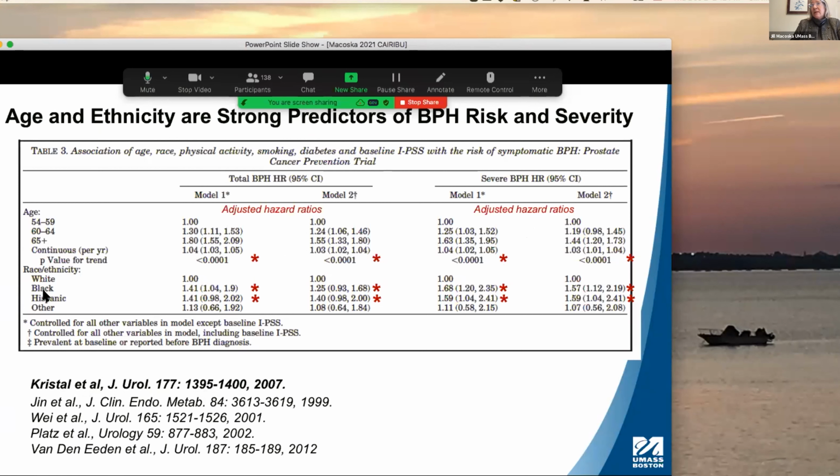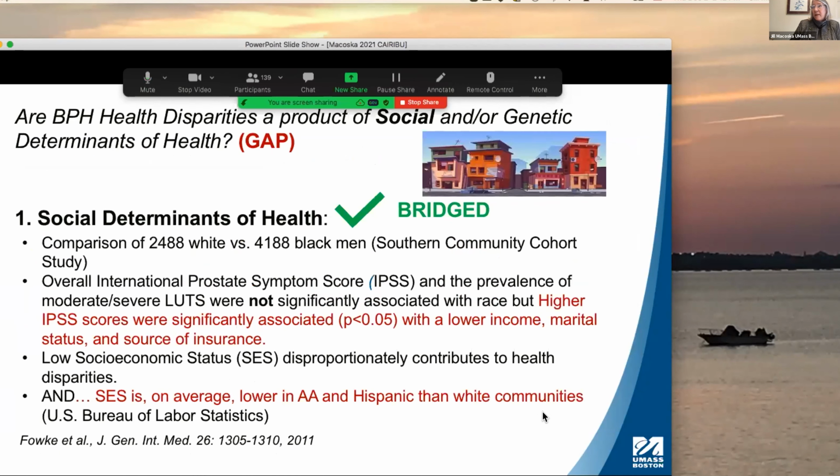When we look at race ethnicity, and here they're holding the white individuals in their study group to 1, you can see that the risk for developing BPH is higher for people of color in each model, and the risk for developing severe BPH is higher for people of color in both models as well. So race does actually, in and of itself, contribute to health disparities and different risk factors for that.